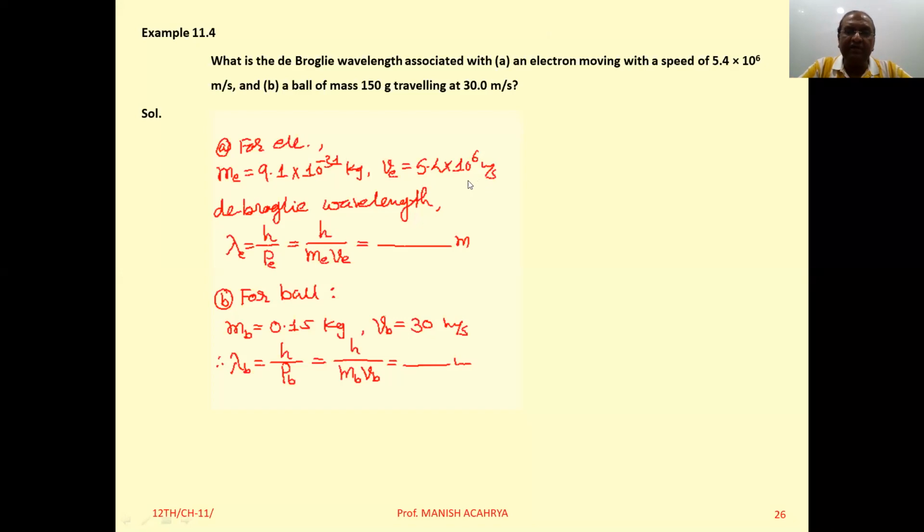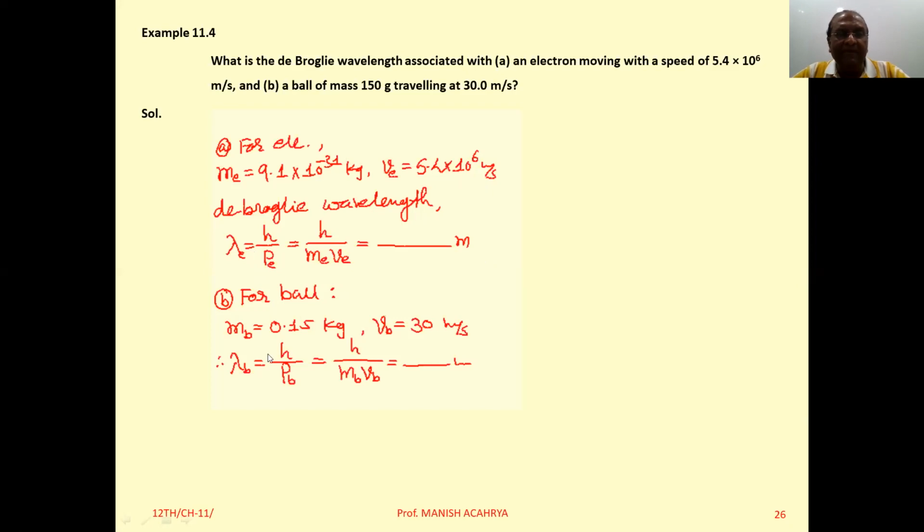Speed of electron is given as 5.4 × 10^6 meter per second. The de Broglie wavelength λe is h upon pe, wavelength of electron, momentum of electron. So h upon mass of electron times speed of electron. Now substitute the values of h, me, ve here, and then solve it. You will get the wavelength of electron.